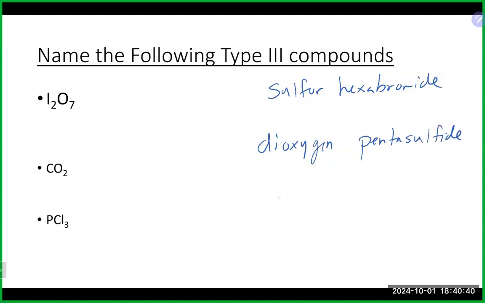And let us do trinitrogen tetroxide there. Try that one. All right, so let's do names on the left there, formulas on the right for some things that might exist or not exist. I'm not sure. Let's see.